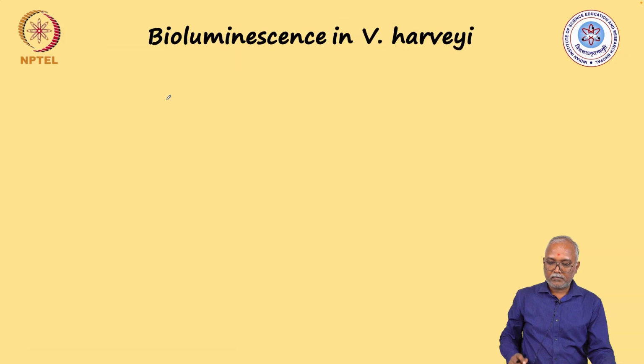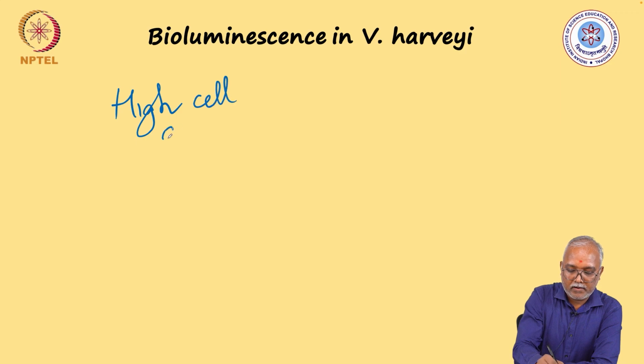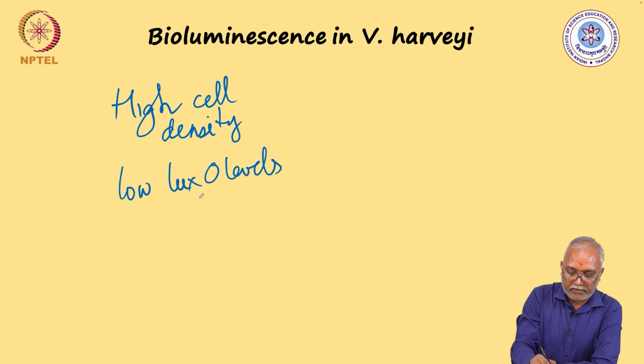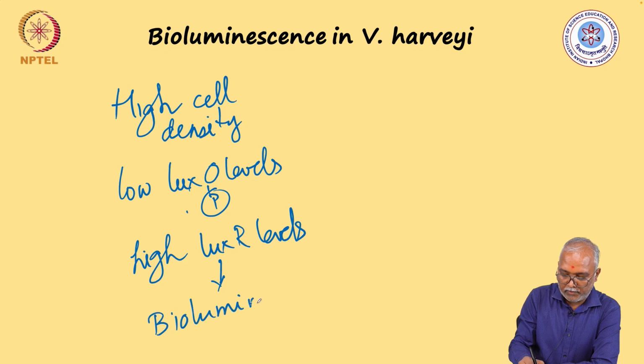Okay. So basically I can say that high cell density means low Lux O levels, particularly the phosphorylated one, which will ensure high Lux R levels, and this will ensure that you have the bioluminescence.